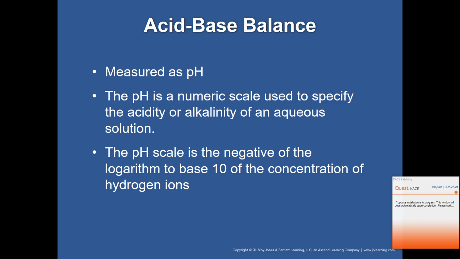So the pH is a numeric scale. It's actually a logarithmic scale that's used to specify the acidity or alkalinity of an aqueous solution. Really wordy, right? So the pH scale basically tells us how acidic or how alkaline a solution is.